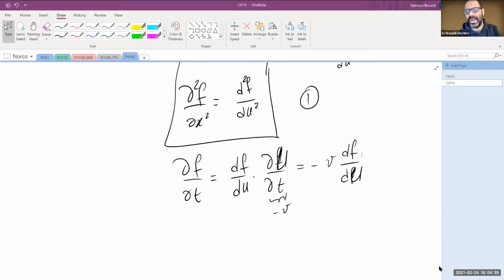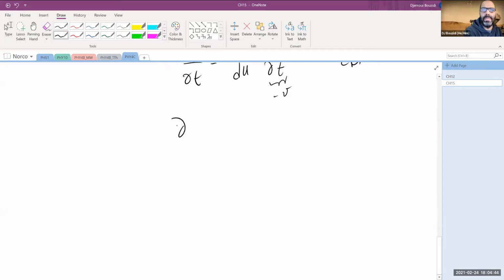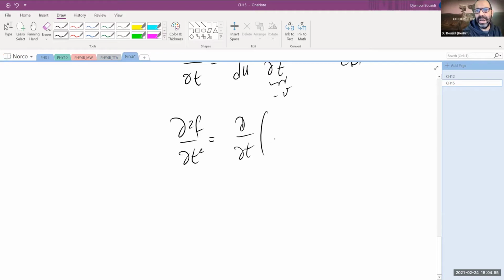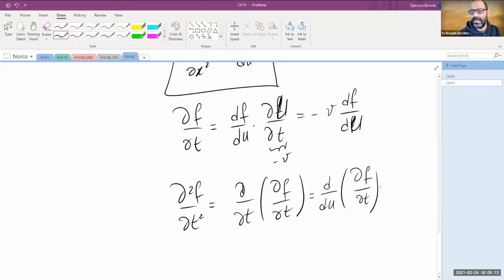I'm going to take the derivative one more time. So the second derivative of f with respect to t is going to be equal to the derivative with respect to t of the derivative of f with respect to t. This, I know the answer to it already. It's minus v, the derivative of f with respect to u. But I need to do the chain rule for the outer derivative, which gives me the derivative with respect to u of this derivative with respect to t times the derivative of u with respect to t.